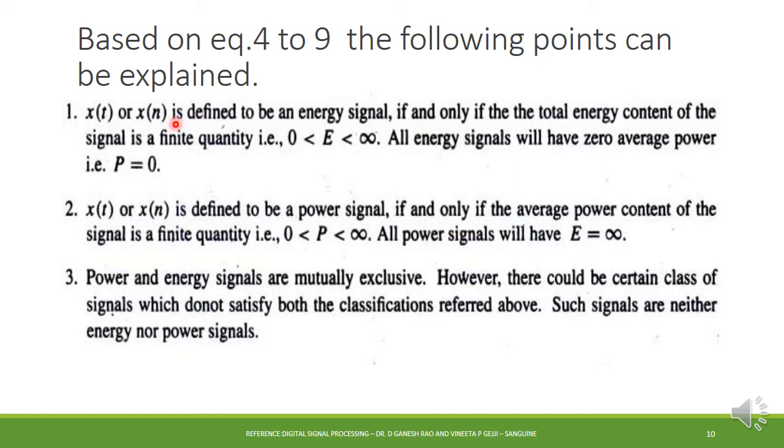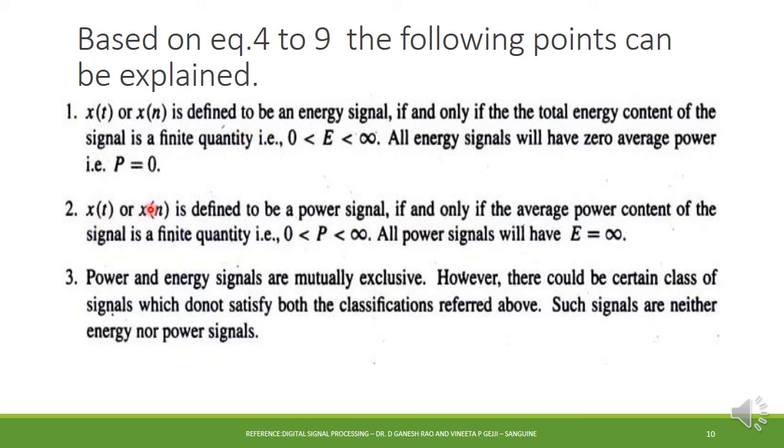X of n is the discrete time signal. A signal is defined to be an energy signal if and only if the total energy content of the signal is a finite quantity, that is, energy lies between 0 and infinity. All energy signals will have zero average power, that is, power is equal to 0. These are the conclusions from equation number 4 to 9.